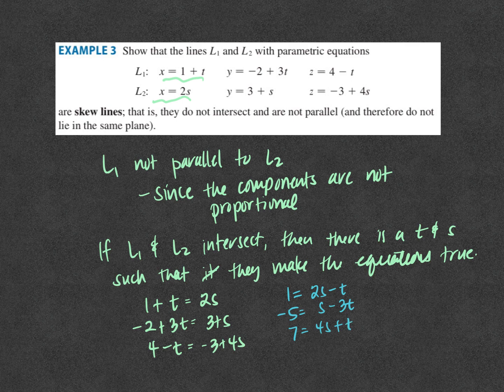Let's take the top one and the bottom one. So we have 1 equals 2s minus t. And on the bottom, we have 7 equals 4s plus t. So if we add these, we get 8 equals 6s. So s equals 4 over 3.